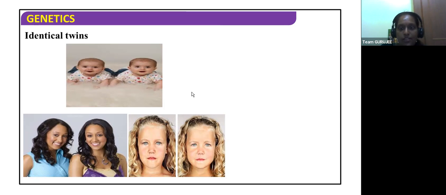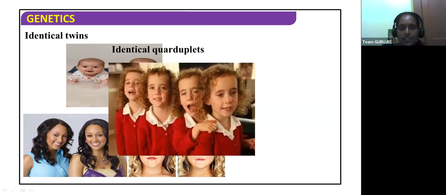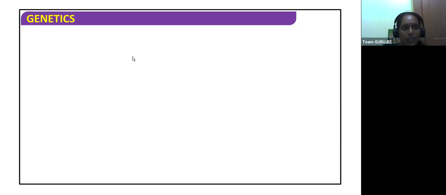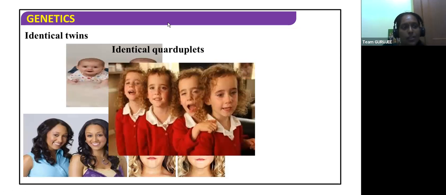Triplets are also possible when it divides into 3. There were some women who gave birth to 5 children. I remember recently quadruplets. Finally, is there anything else? Ma'am, what is the maximum? I guess only 4. Ma'am, I read an article where they mentioned 8 or 9. 8 or 9 is possible, but not identical ones.